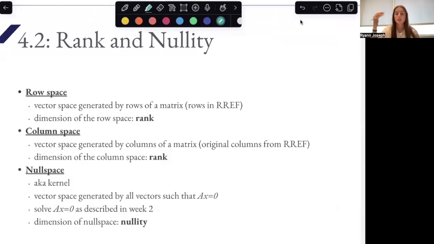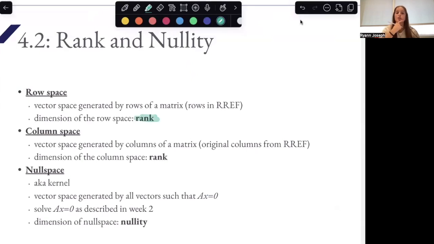So given a matrix, you have to do the reduced row echelon form, and then you take the rows that are non-zero, the ones with those pivot variables, the ones with the ones, and that is our new basis. That is the basis for the row space. The dimension, so the number of things in the row space's basis, is the rank. Which makes sense. Rank, when we've talked about before, is the number of non-zero rows, the number of pivot variables. So rank is the dimension of the row space.